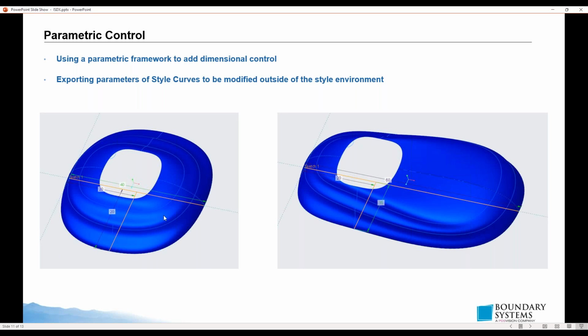So the idea is that you can create the sketched framework beforehand, and then when you go into the ISDX environment, you can create your curves, which are then linked to these sketches, so that once you're finished designing, creating your curves and surfaces in ISDX, when you leave the environment, you can then update this sketch that was created, and then it'll in turn scale the model.